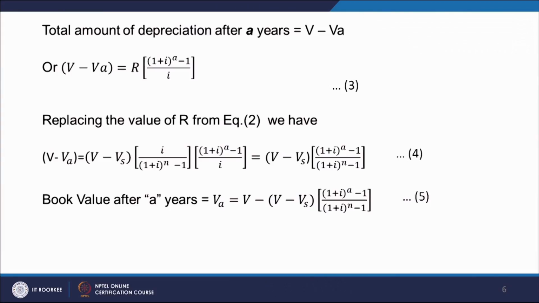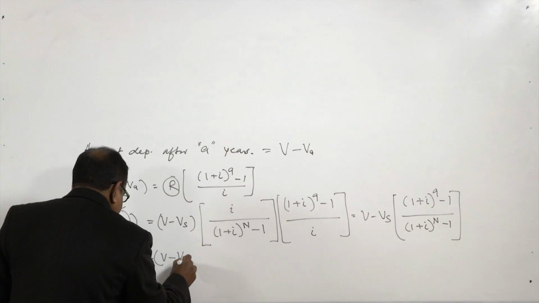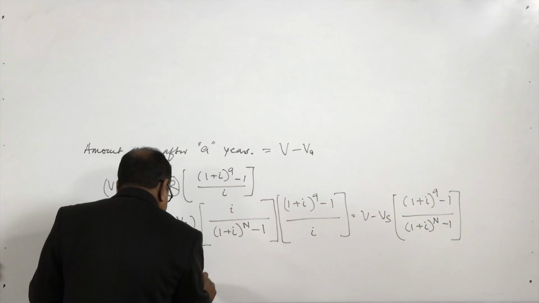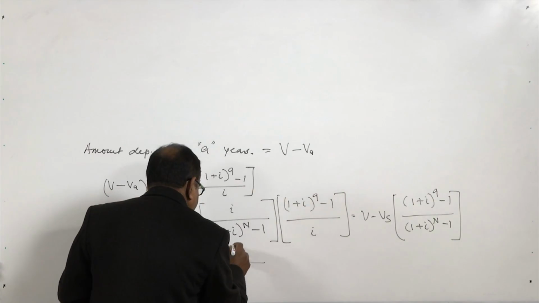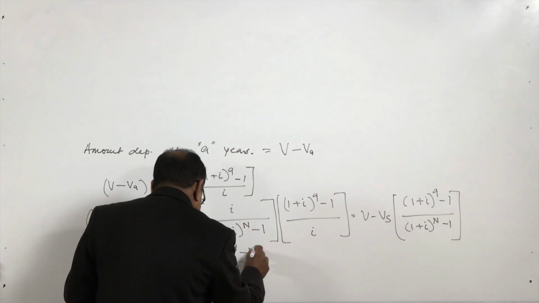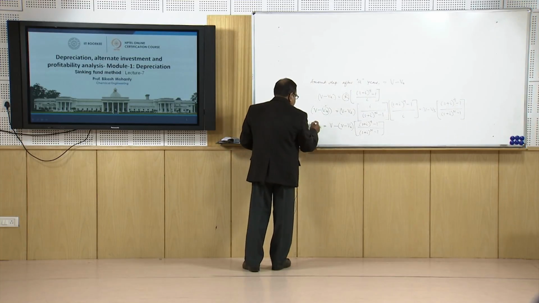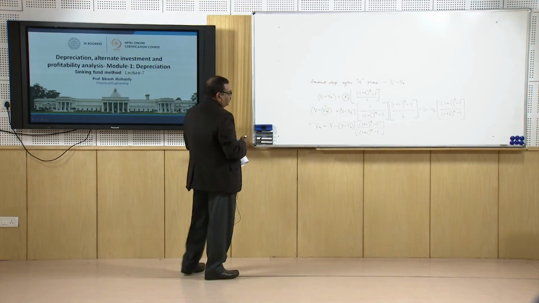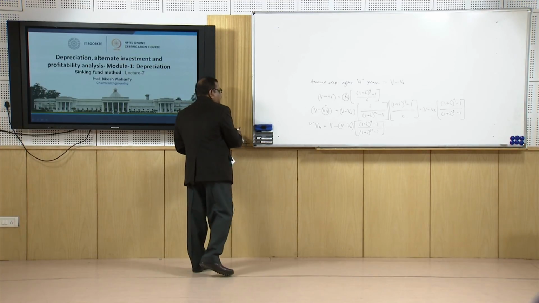From here I can calculate this book value. The book value VA is equal to V minus (V minus Vs) times (1 plus i)^A minus 1 divided by (1 plus i)^n minus 1. So, this gives me a way to directly calculate the book value after A years.